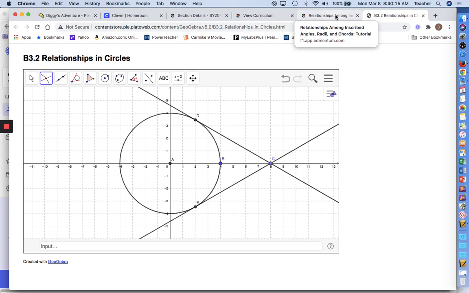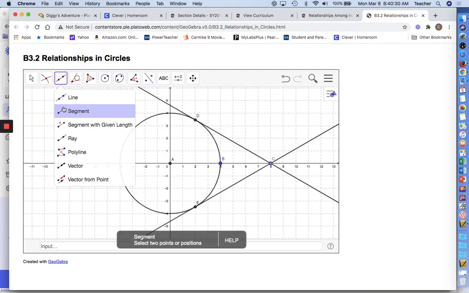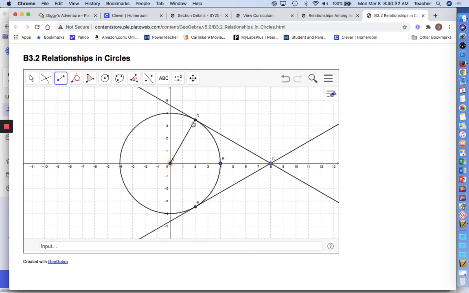If you've been watching my videos, we've been doing this for a while now. All right, draw the radii AD and AE to create a central angle. All right, so I need a segment AD, and a segment AE. All right, here's my central angle.